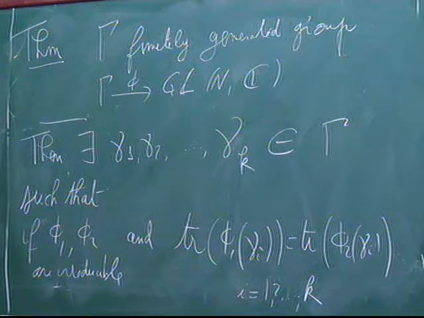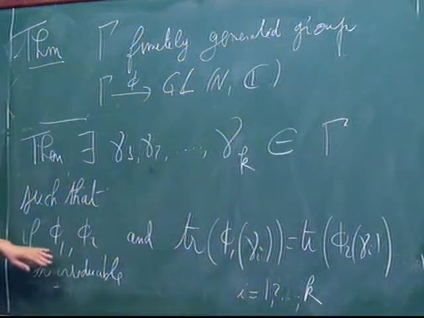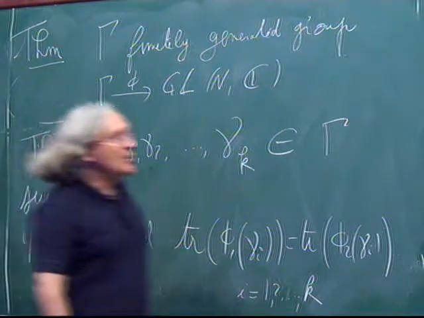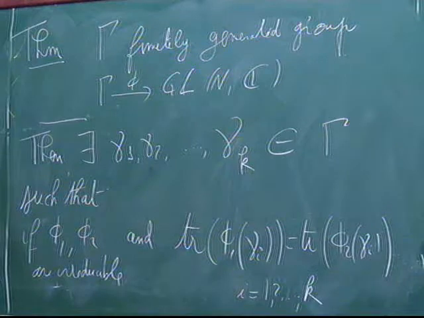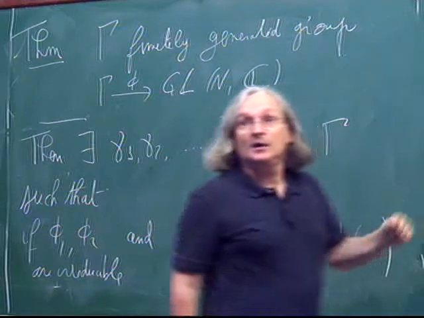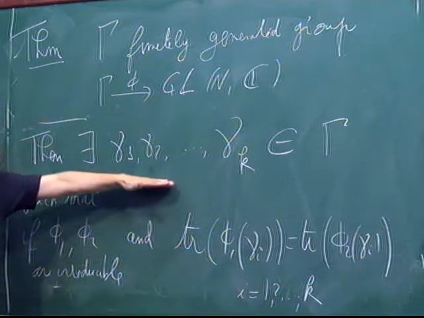For every element. So if you want to check equality of traces of two representations, which a priori requires an infinite number of checks, for all gamma, and gamma is infinite, it is enough to check equality on a finite number of elements in the group.